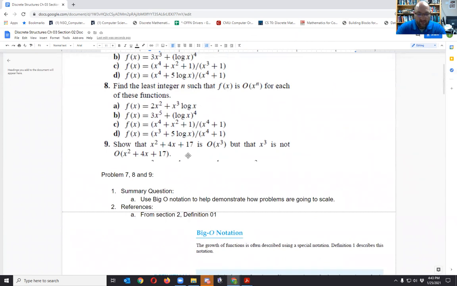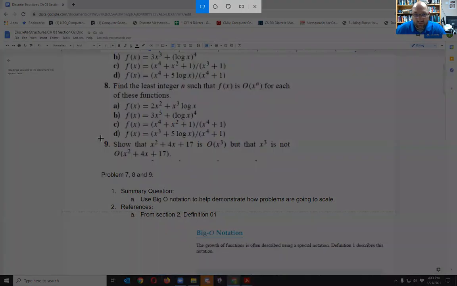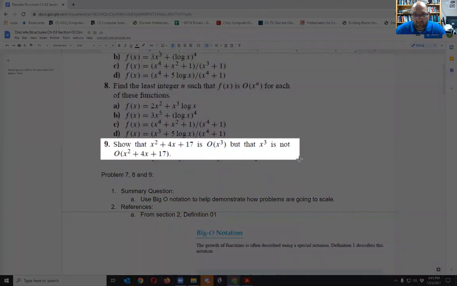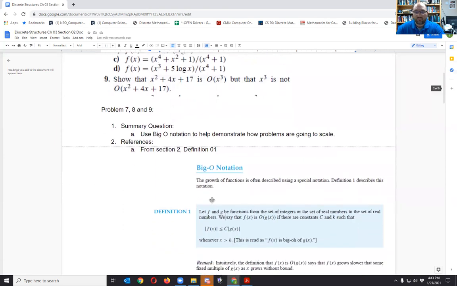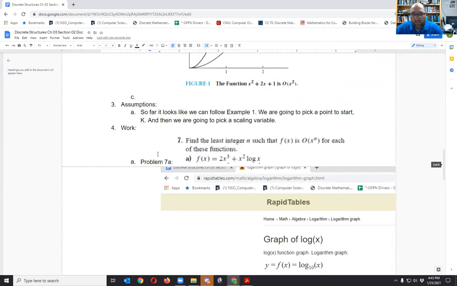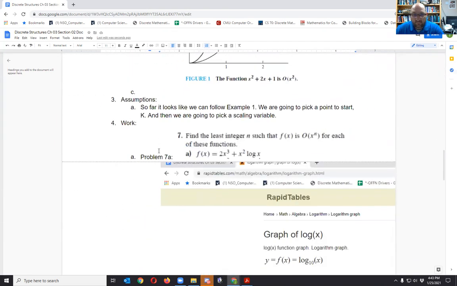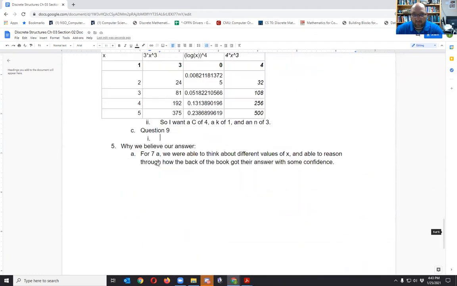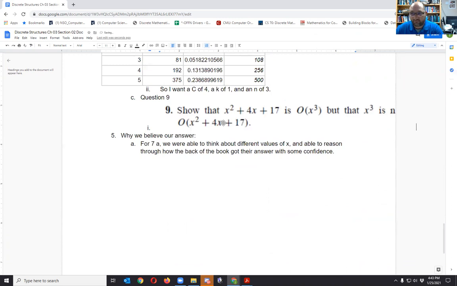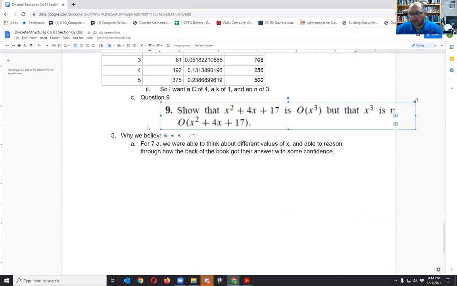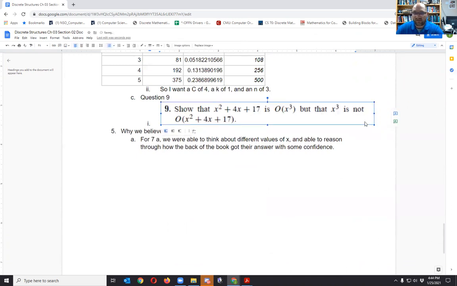Okay, so question 9, paste this in. I'm going to shrink it down just a little bit so it fits easier.